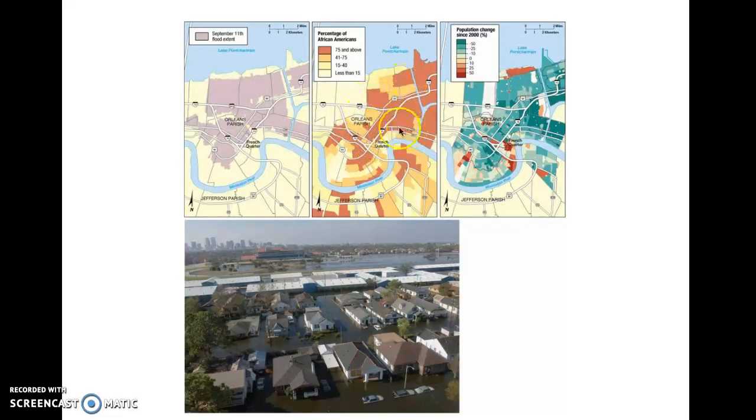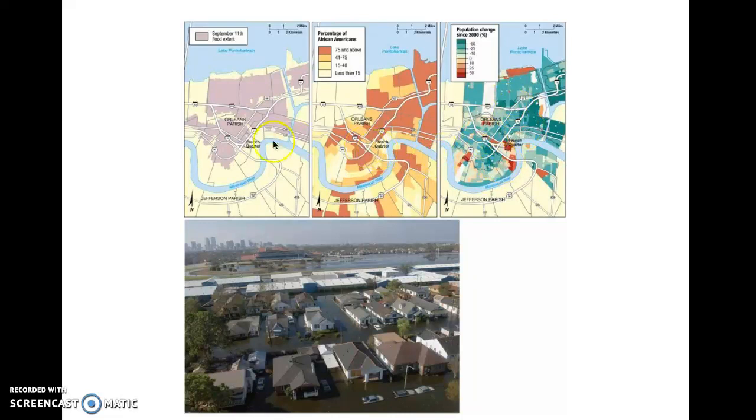These areas that suffered from flood damage range from 75% African American to 41 to 75% African American. And so by comparing these 2 maps, you can say no, people were not equally affected as far as racial and ethnic backgrounds go. African Americans were disproportionately affected by flood damage in New Orleans after Hurricane Katrina.